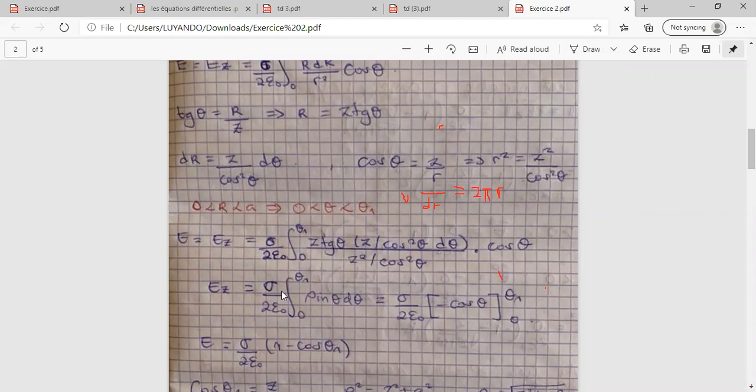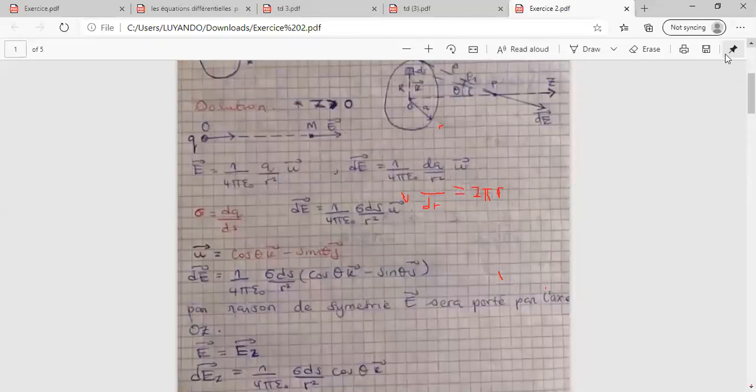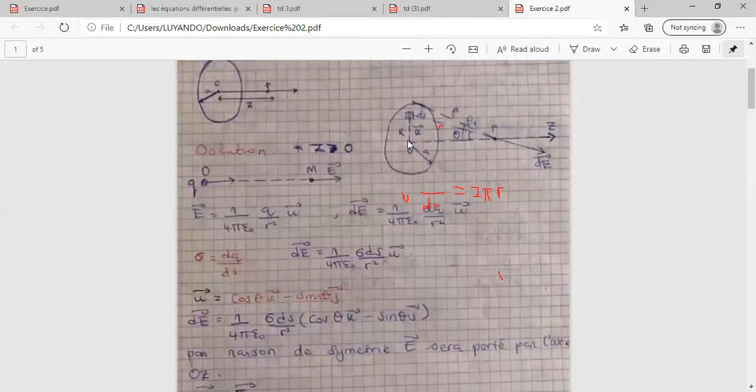So from our constant over 2 pi epsilon 0, they've just changed the limits. It was from 0 to R, so now we have 0 to theta 1. Theta 1 is this angle here, because the radius is from the center to any part of your disk.